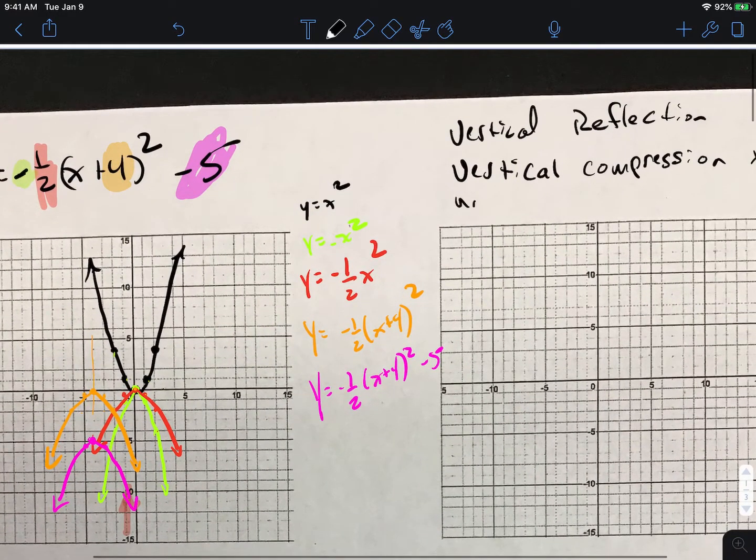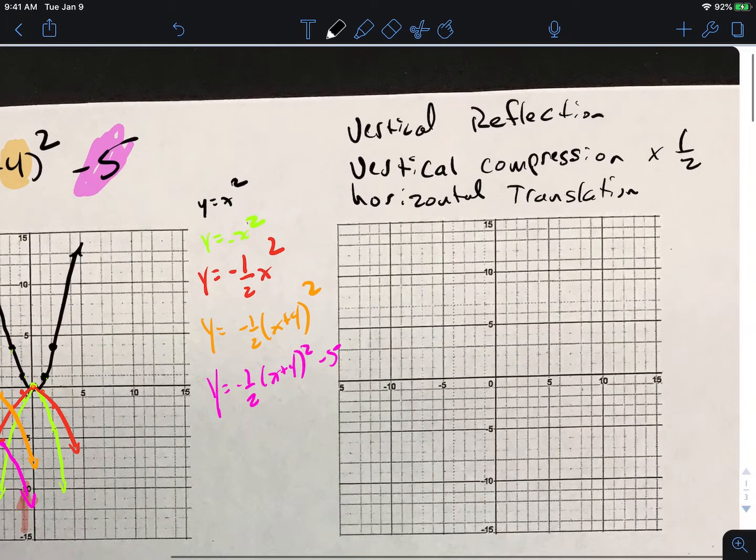And then horizontal translation, and then vertical translation. And vertical is the last one. All right, and that's it.